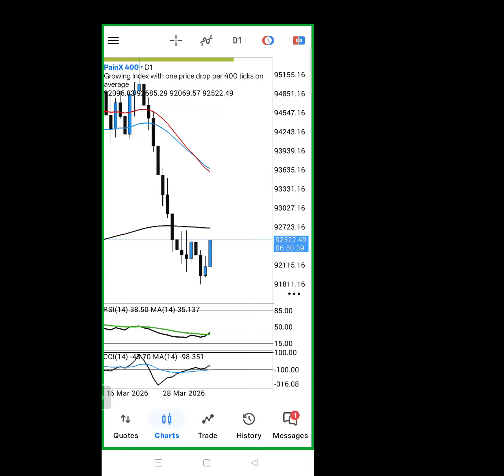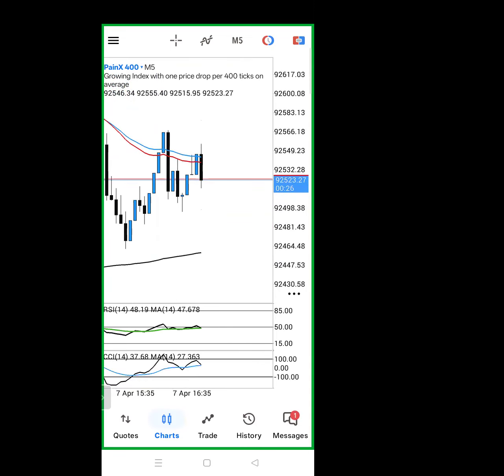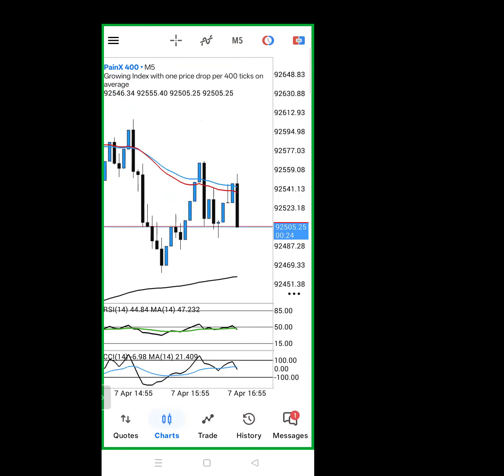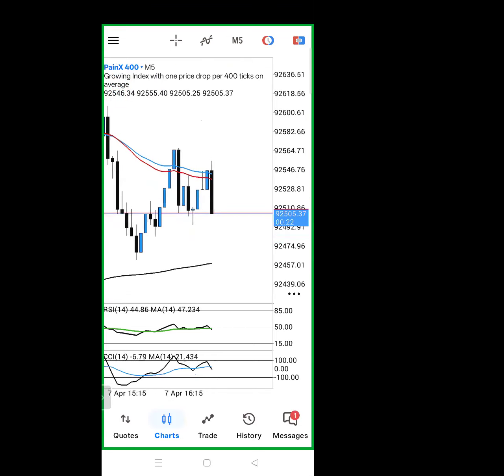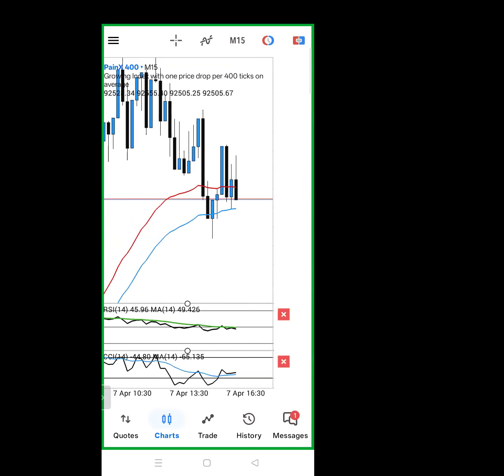We want to see if this market closes today with the daily candle bullish, and engulfing the previous black, then we may likely start going up. So this is where decisions become tight to make.